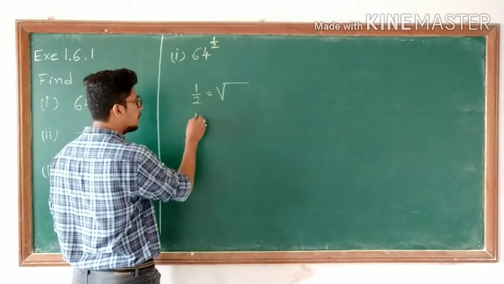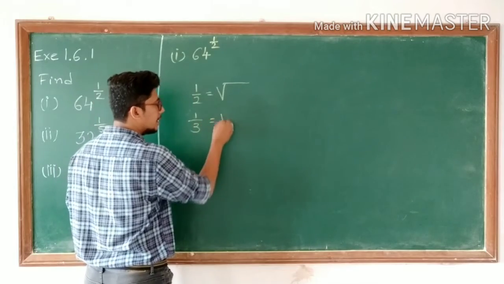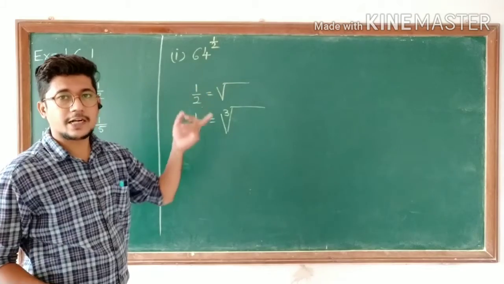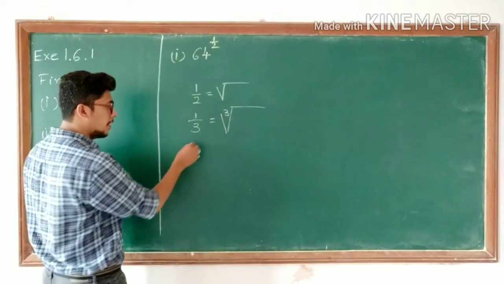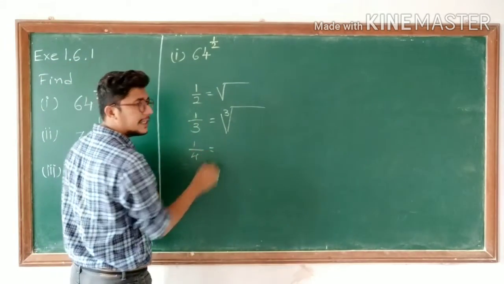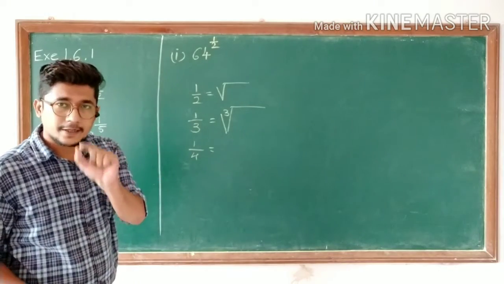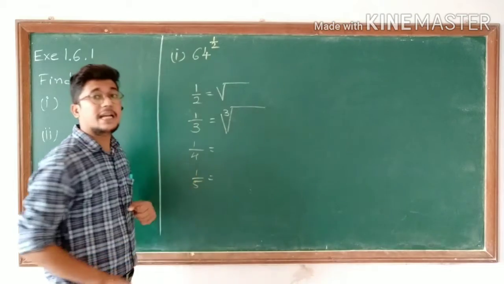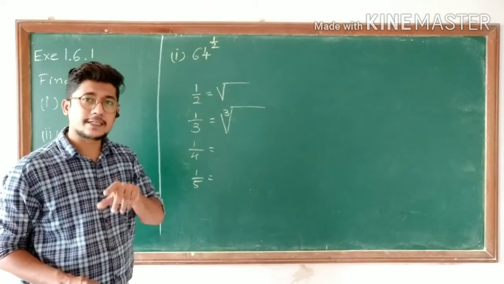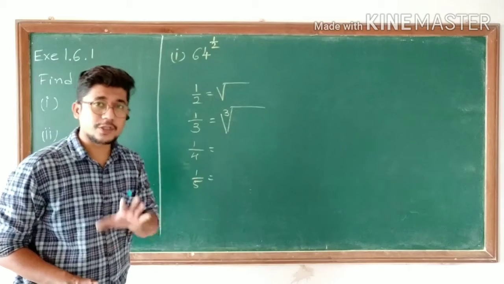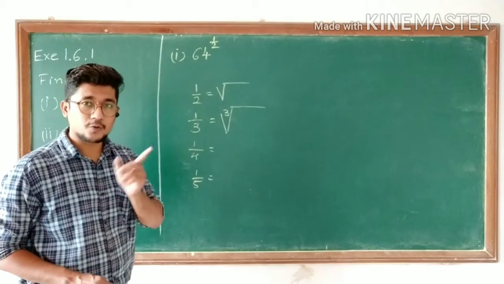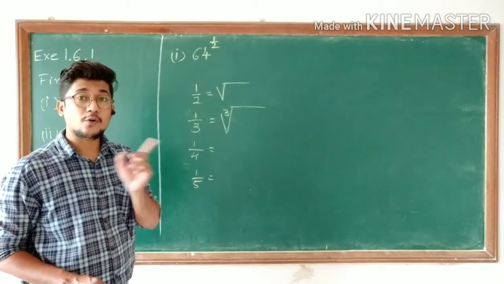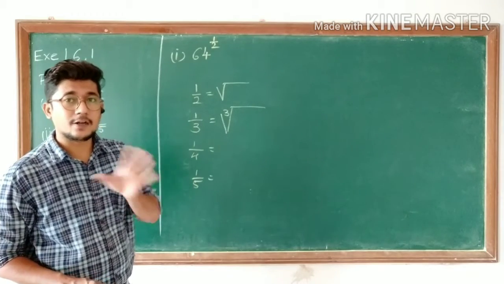In the same way, 1 upon 3 is a cube root, which you learnt in standard 8. 1 upon 4 is a fourth root, 1 upon 5 a fifth root, and so on up to 1 upon 10, the tenth root.